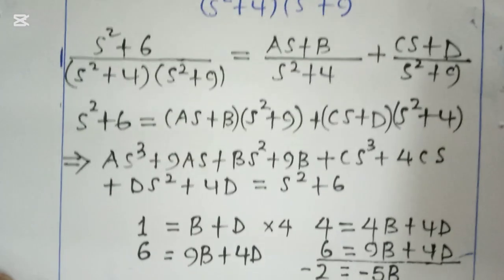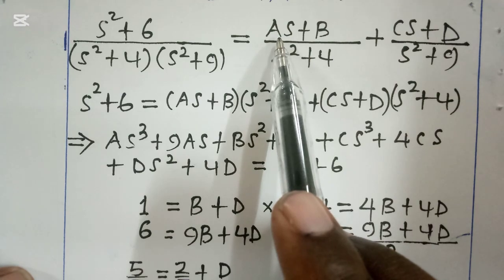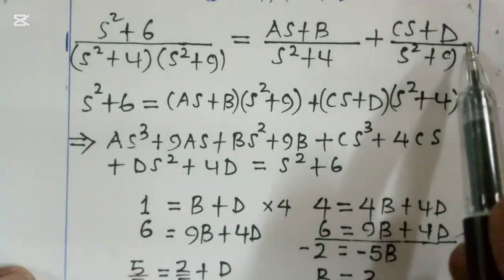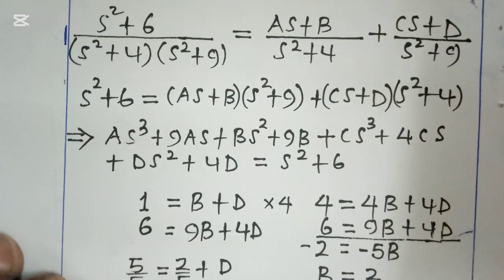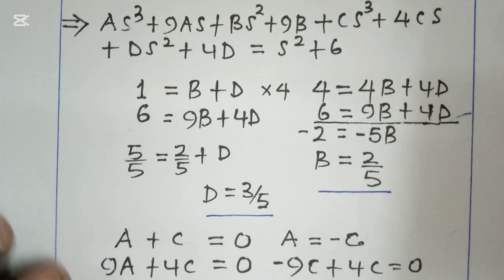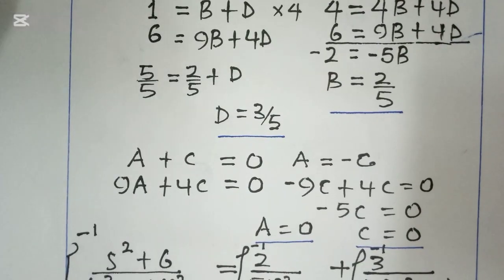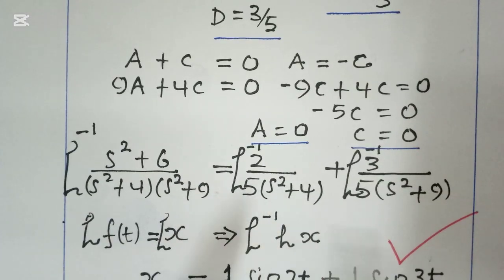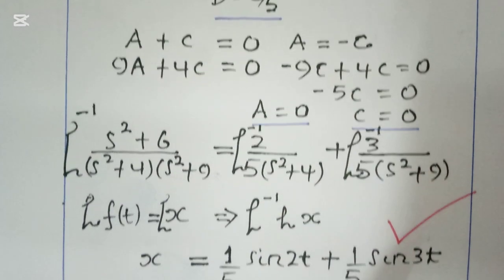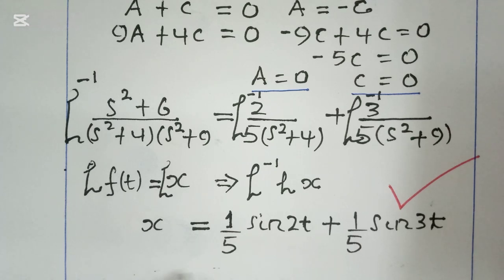After that, I was able to find my unknowns, that is A, B, C, and D. And we found that A and C were actually 0. So finally we were able to find B and D, and this is what we found as our partial fractions. We got that and that. And now we were able to find our x, which is like that. This is actually our solution.